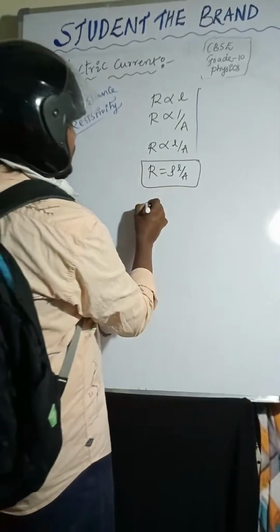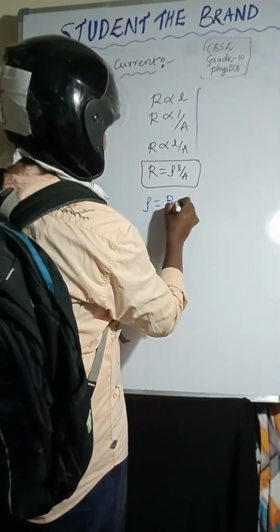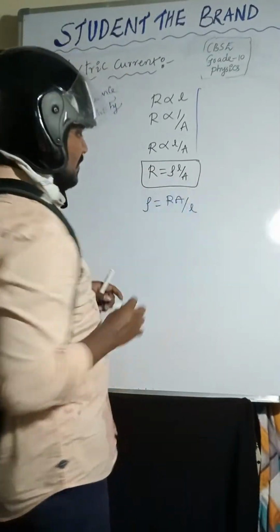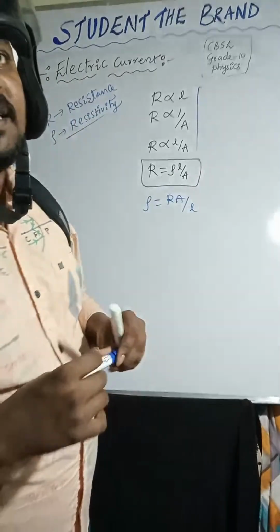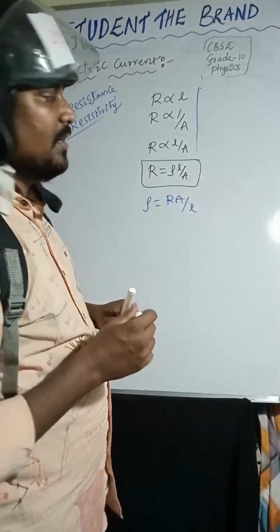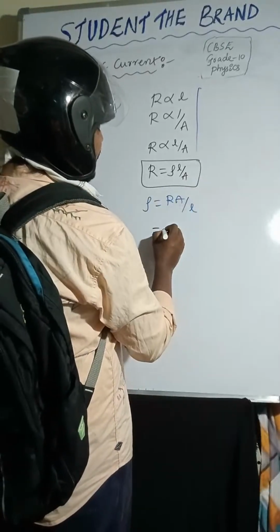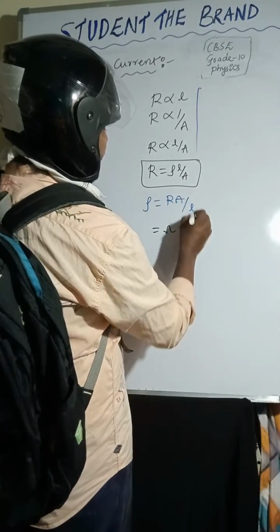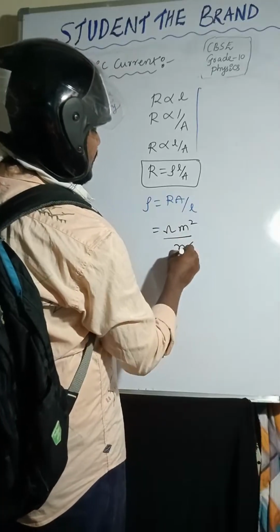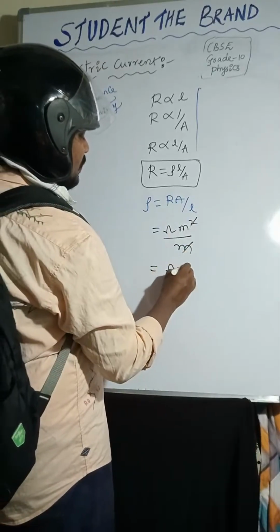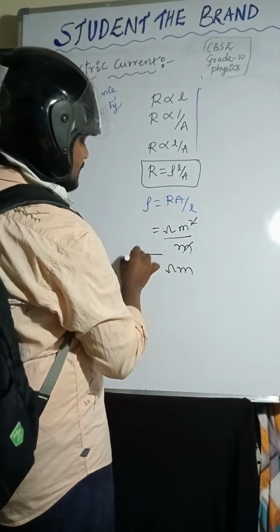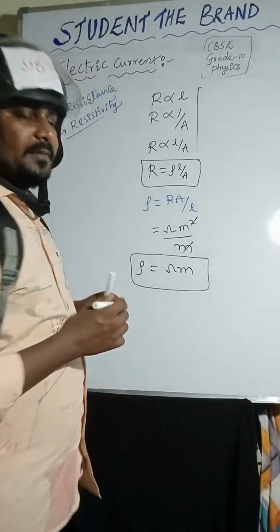So rho equals RA by L. What is the SI unit of resistance? Ohm. The SI unit of area is meter square. The SI unit of length is meter. Meter gets cancelled, so ohm meter. So the SI unit of resistivity is ohm meter.